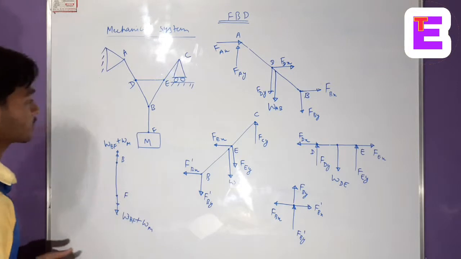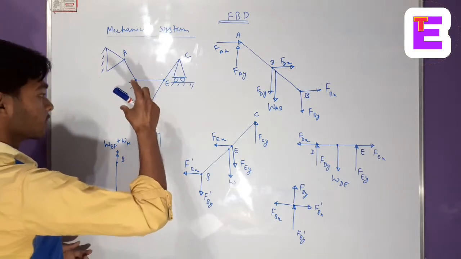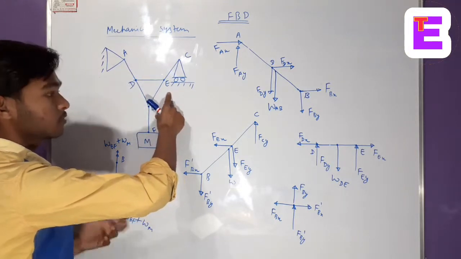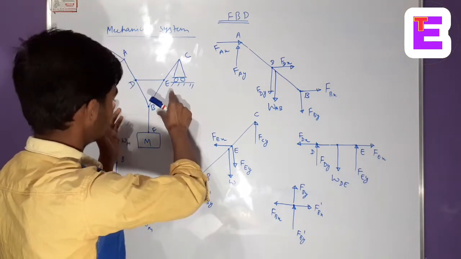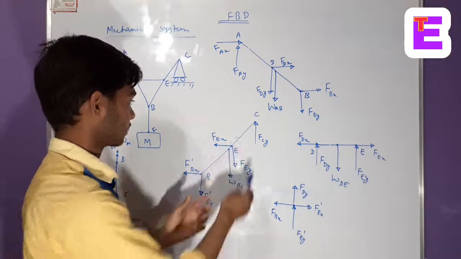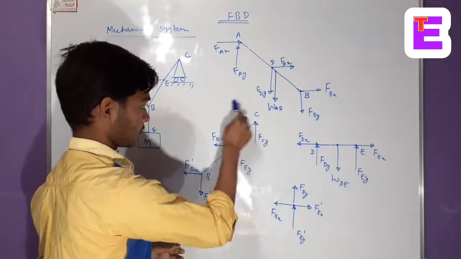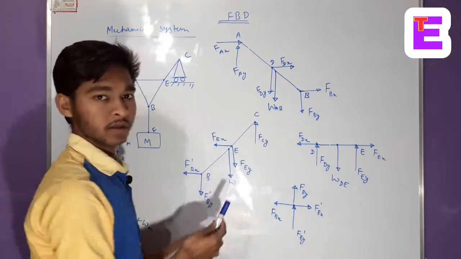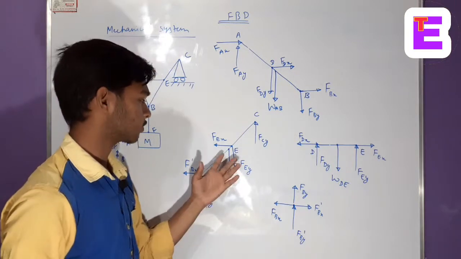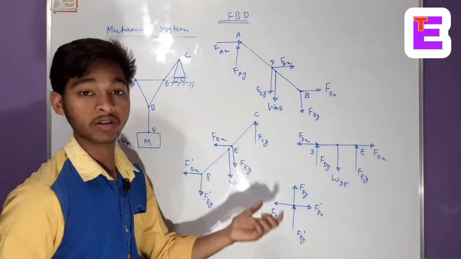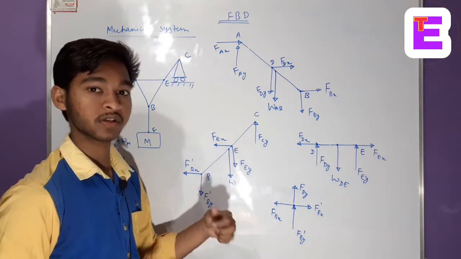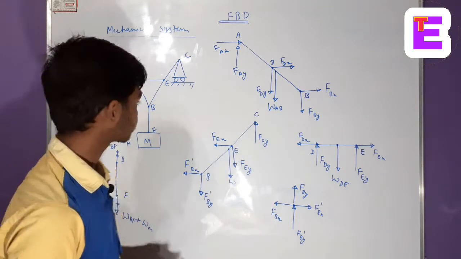If you try to analyze the BE part, how it behaves, what the normal reactions are, you can study through this part. You can simply find the normal reactions after applying the equilibrium conditions, which is what we basically studied.